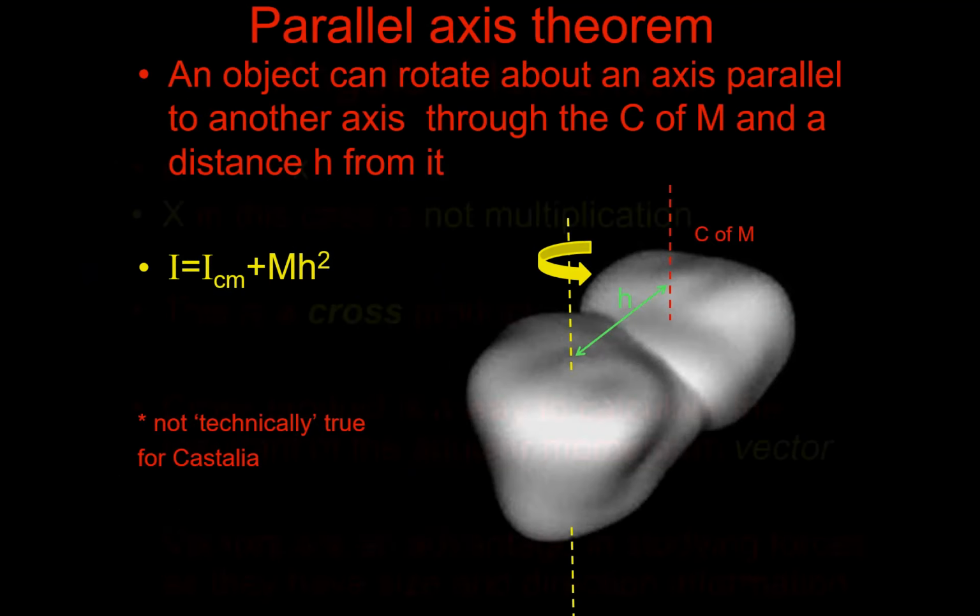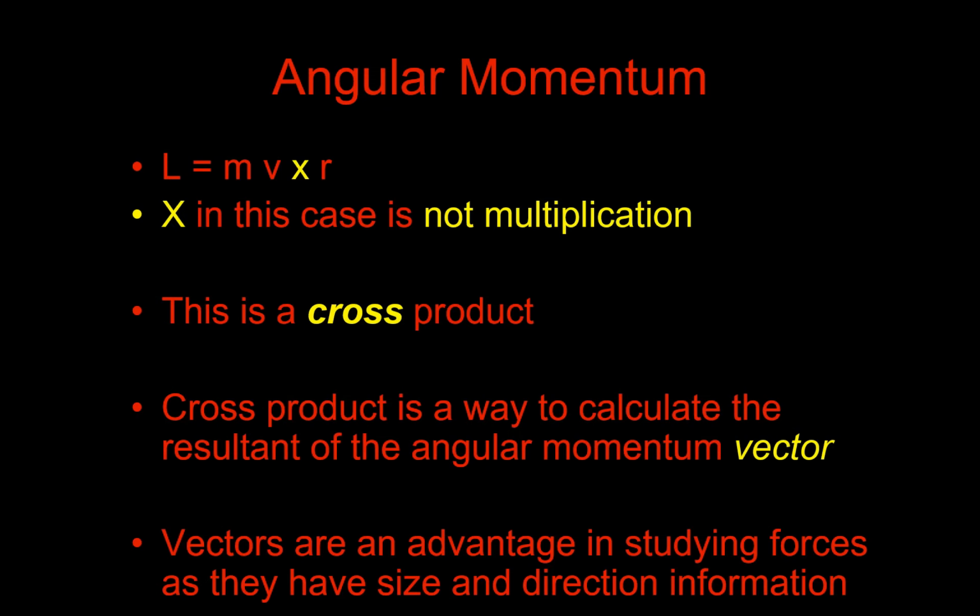What we are going to do is define our next value, which is that of angular momentum. Now, angular momentum that I mentioned briefly in passing is given as L, and this is m times v cross r. And this is that cross product we saw previously that I said was going to return and be used here.